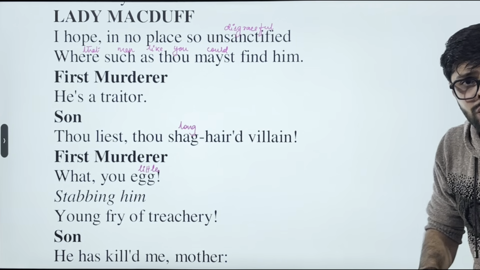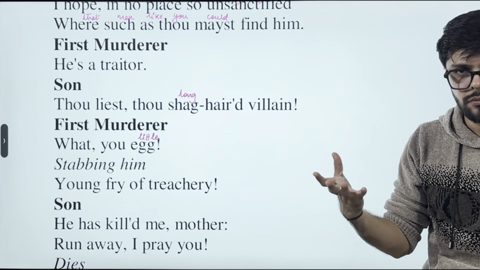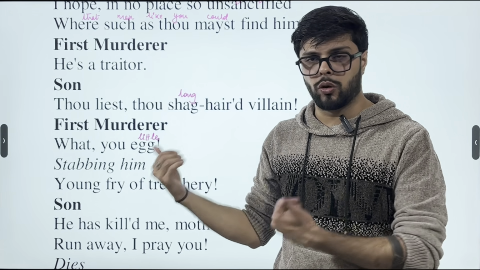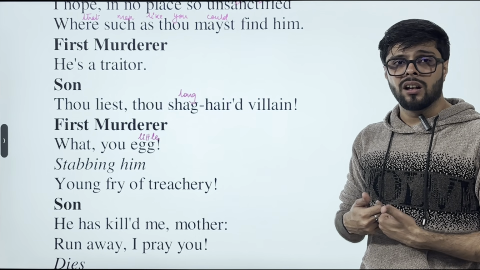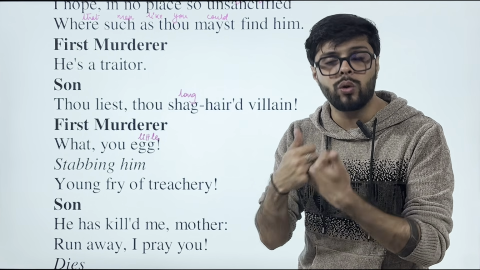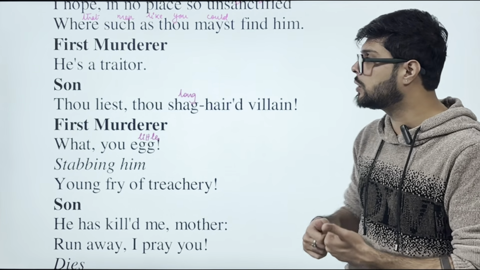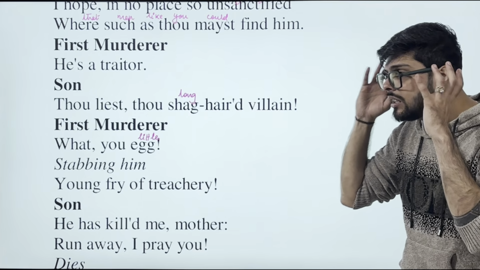First murderer: Do you know that he's a traitor? Your husband is a traitor. And immediately Macduff's son hears that whatsoever he's speaking about my father is a lie. So being close to his father, he tries to defend his father by shouting at the murderer, saying no, you are lying, he's not a traitor. You liar, you shag-haired villain, you long-eared head.